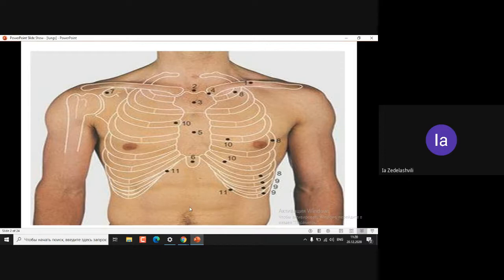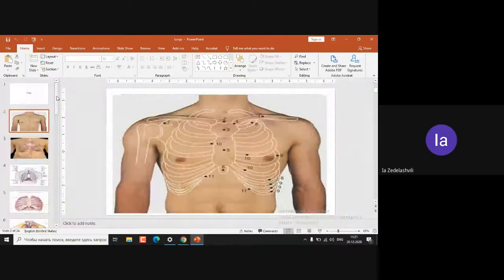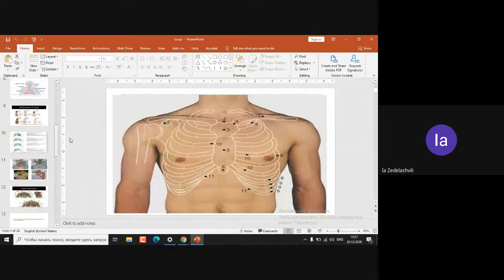Then symmetry of the thoracic part will give you an idea about changes inside. The most visual changes are trauma, accident, or changing in the shape connected with scoliosis. One second, I will try to find this picture for you, and you will understand what I am speaking about right now.